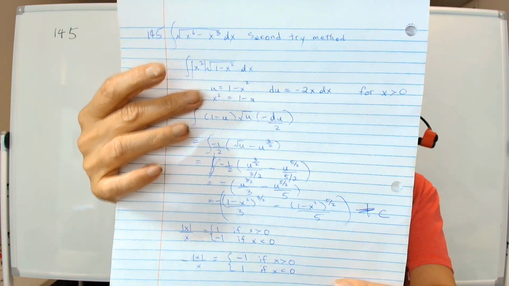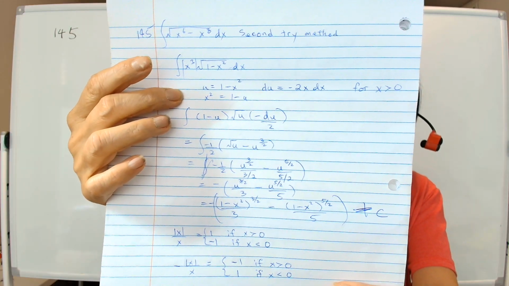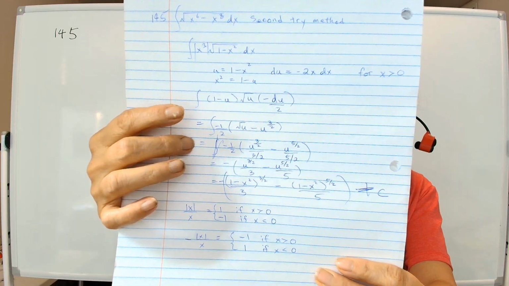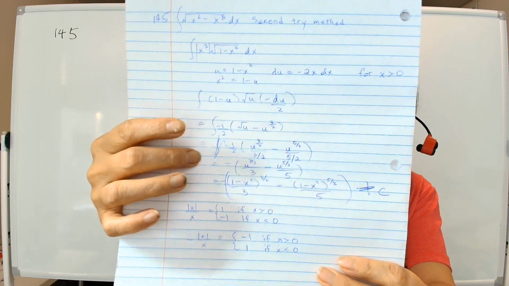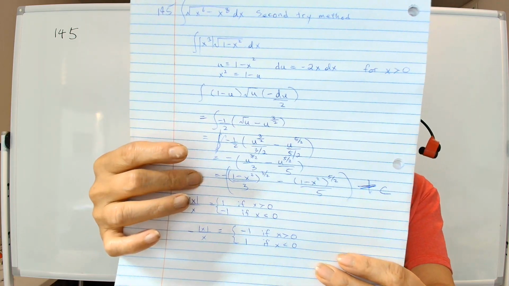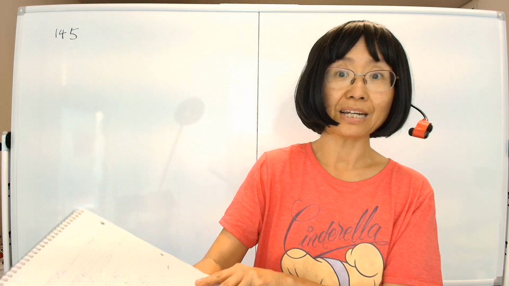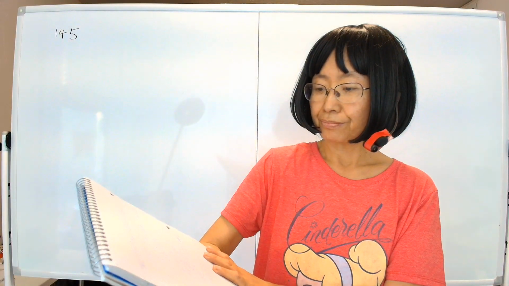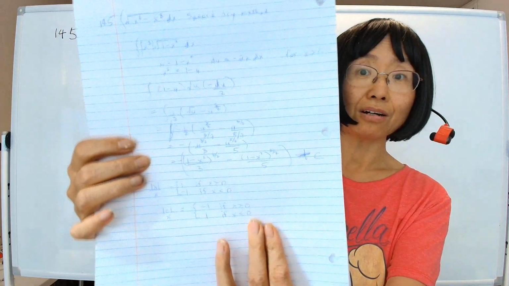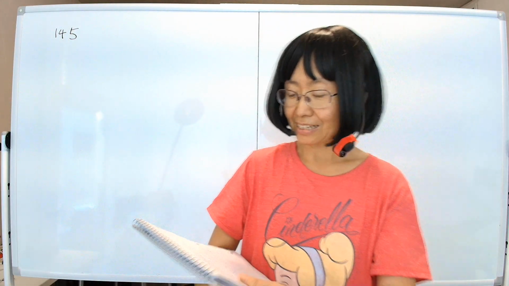Once you figure out that setting u equal to 1 minus x squared will do the trick, then you follow the standard rules, and the whole thing turns out to be some kind of power rule situation, which can then be readily integrated quickly, and then you get this thing, which you should later, of course, clean up a little bit to look more like the answer at the back of the book. But you also remember that for this answer, you have to slap a negative sign on it for when x is negative, which I didn't write down here, but that's the idea.